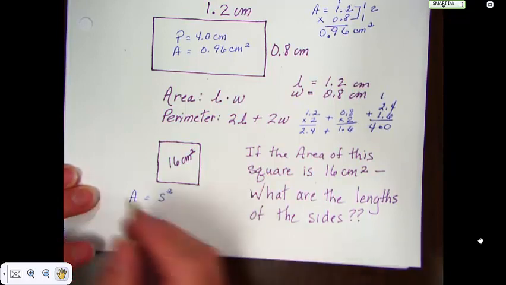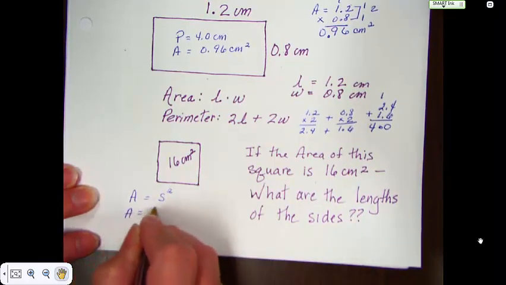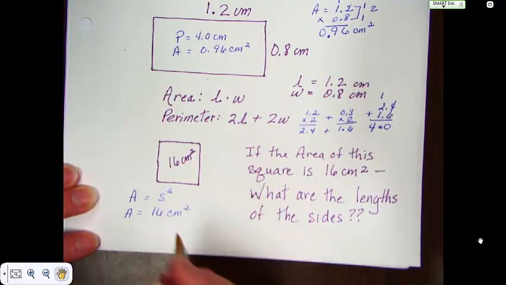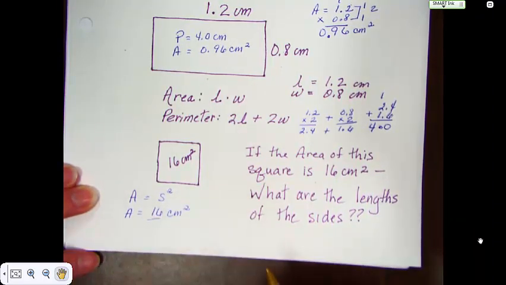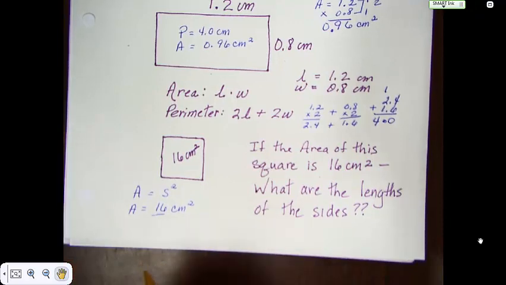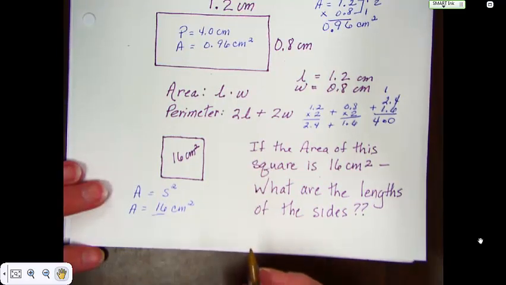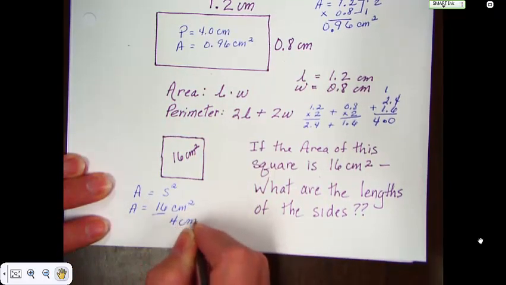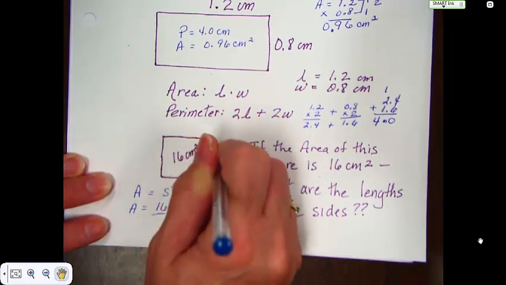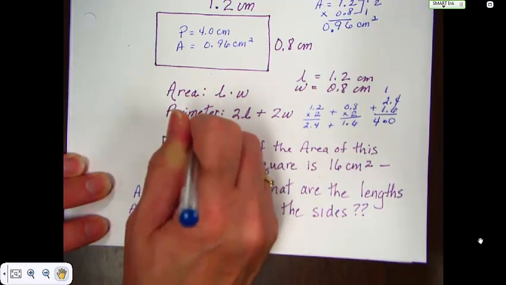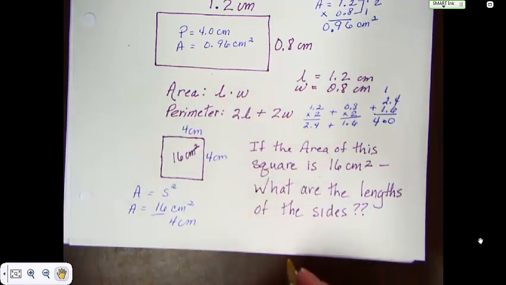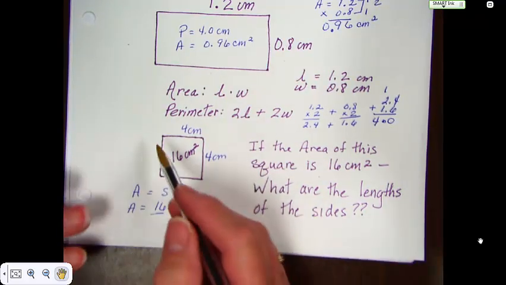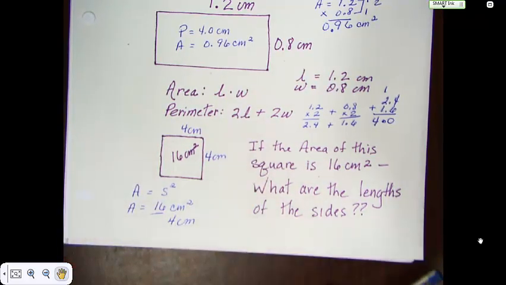If the area is equal to 16 centimeters squared, what number times what number is 16? If you guessed 4, you are absolutely right. So the sides on this are 4 centimeters and 4 centimeters, and 4 times 4 is 16. Incidentally, on this particular square, the perimeter is also 16.